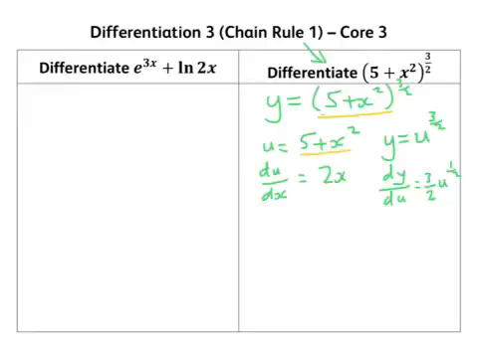Now then, the chain rule says that dy dx, and this will look fairly obvious, is dy du times du dx, and you'll notice the du's cancel.